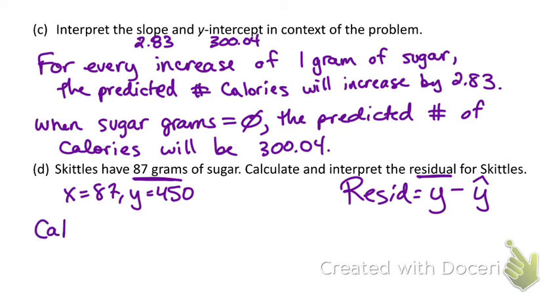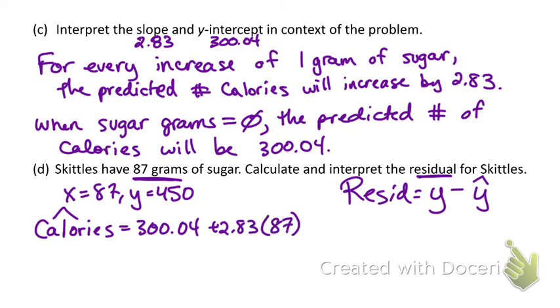So I'm going to plug in to my equation, calories hat equals 300.04 plus 2.83 times, I'm going to plug in the 87 here. This is going to be the y hat value, the calories hat, y hat. So this is the number of calories that should be in a candy that has 87 grams of sugar.